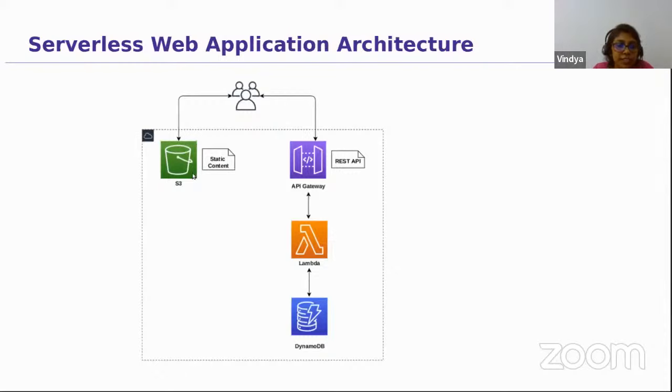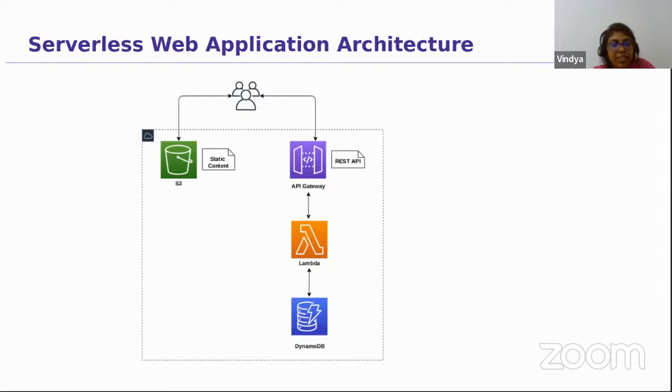The static content goes to the S3 bucket, which is configured to host the static website. And then we have the REST API calling the Lambda function, which is calling our data store. Now you might wonder how we can incorporate availability and scalability. Even in the traditional architecture, the initial architecture looked simple, right? And it got complicated with all these other things.